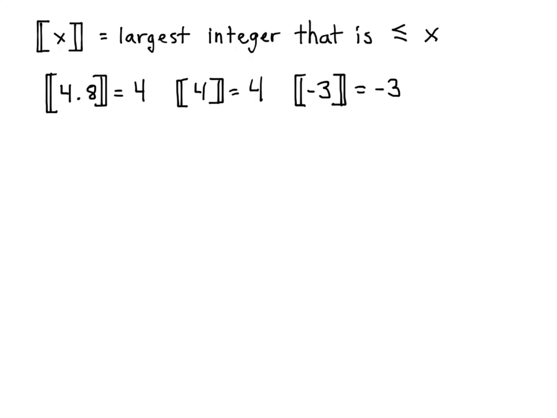And if I do -3, I get -3, because that's the largest integer that is less than or equal to -3. Now this is the surprising one, or at least the one that takes some getting used to. -3.2, the largest integer that is less than or equal to -3.2 is -4. It's not -3, because -3 is greater than -3.2. And the definition is strictly the largest integer that's less than or equal to x.